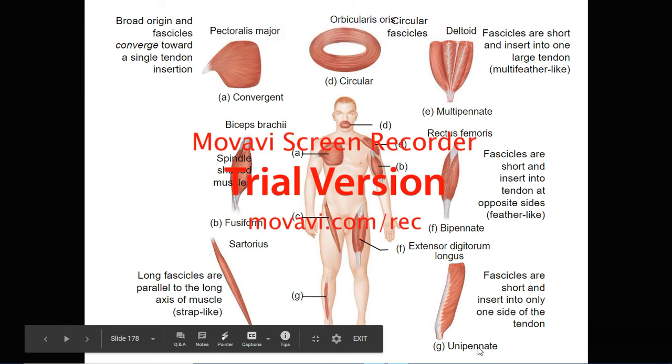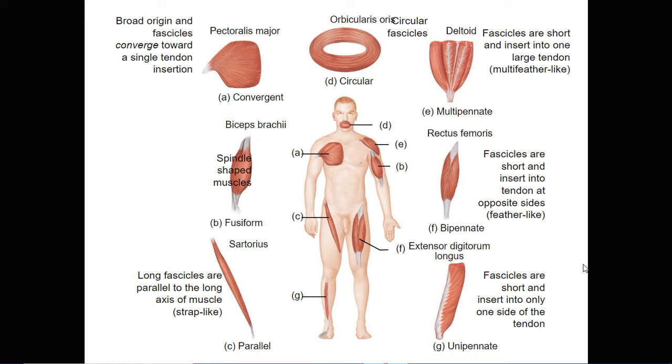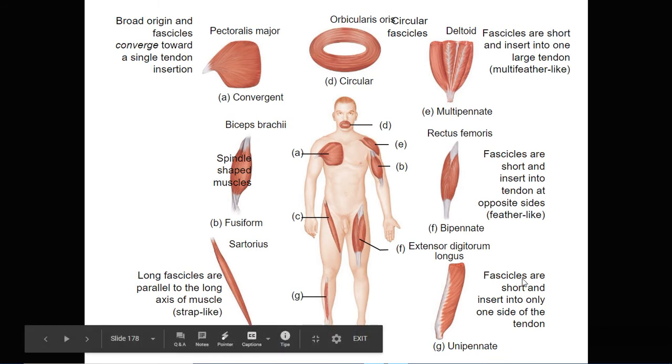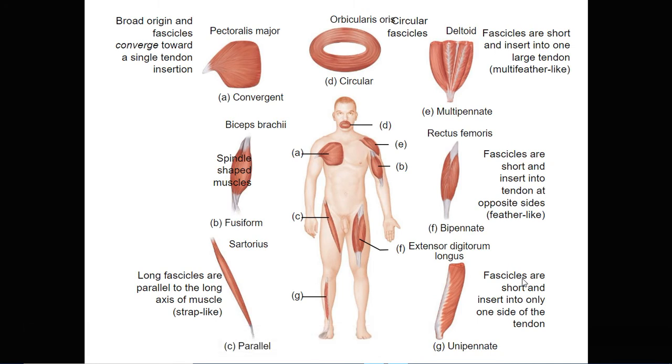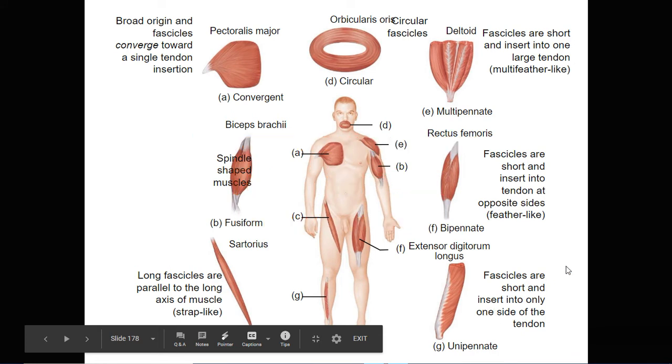So the unipinnate fascicles insert into only one side of the tendon. An example of that is the extensor digitorum longus muscle of the leg. You see the fascicles are short and insert into only one side of the tendon.